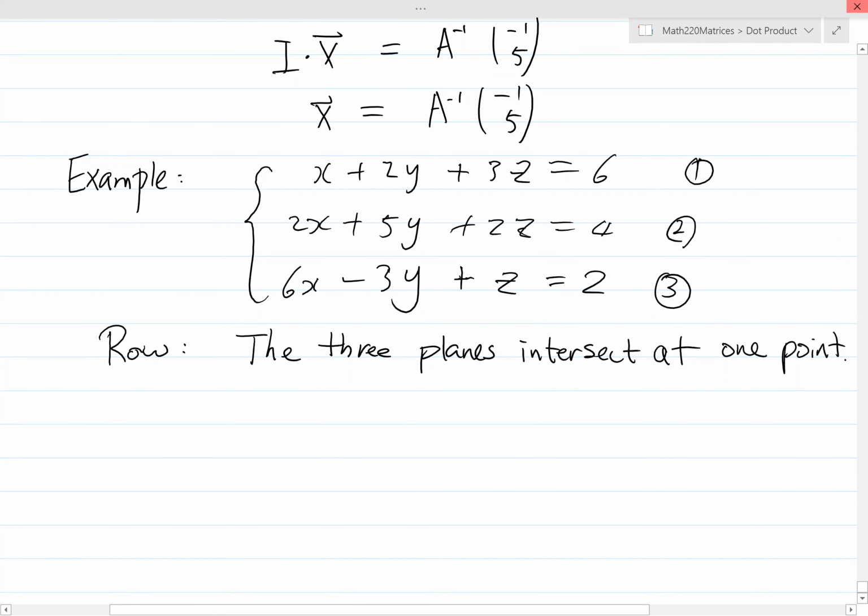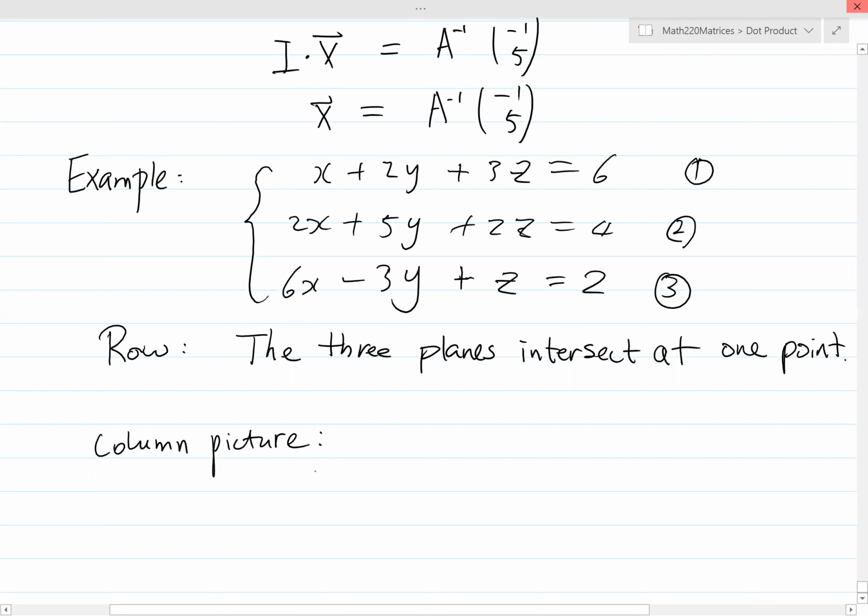Now, what does the column picture say? The row picture tells us three planes intersect at one point. The column picture tells us about linear combinations.